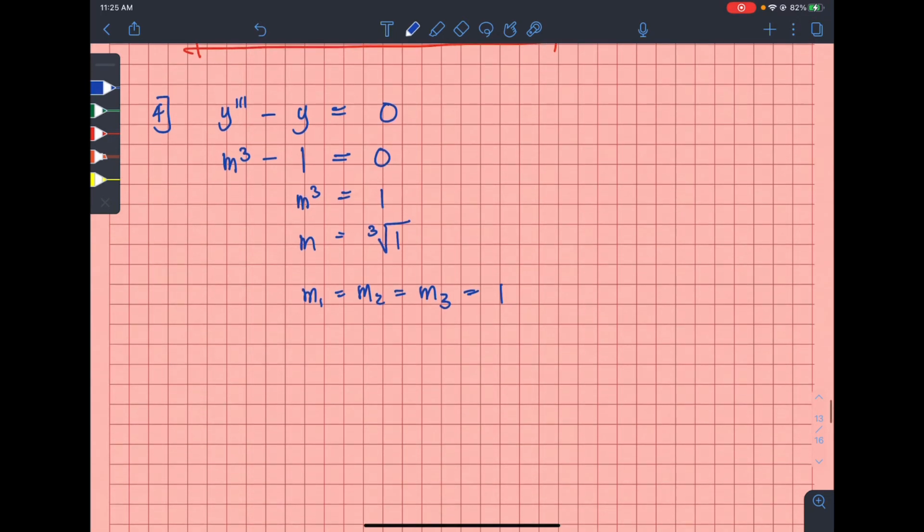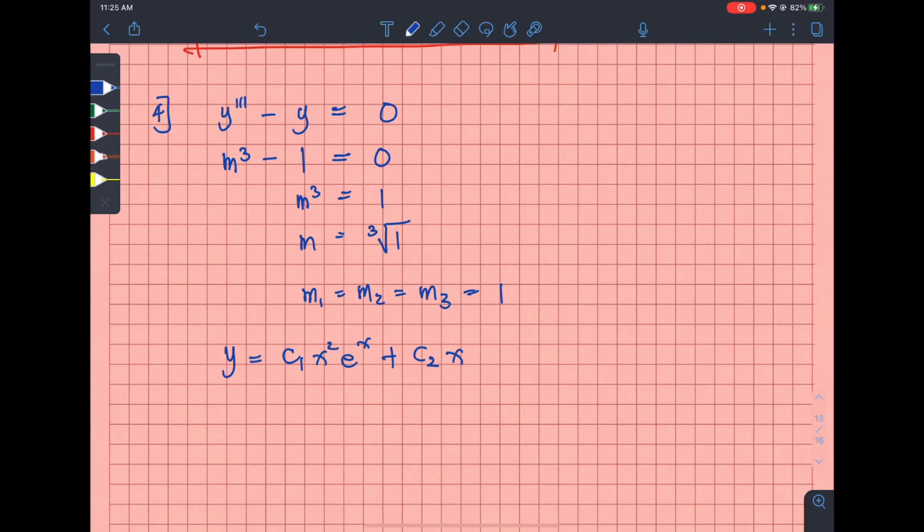Since these are repeated roots, repeated 3 times, for the solution, y would be C1. Since this is a third order, we start with degree 2 for x. So x squared e raised to x, since our m is 1, plus C2.